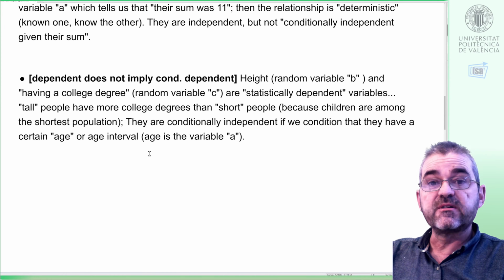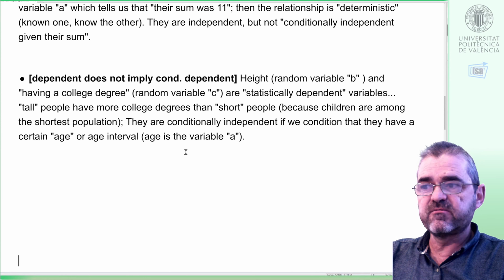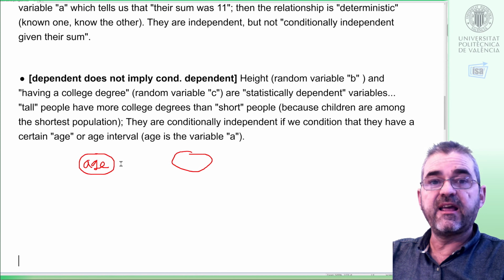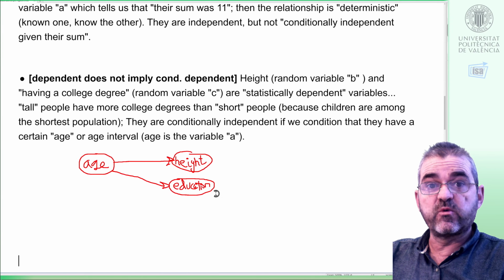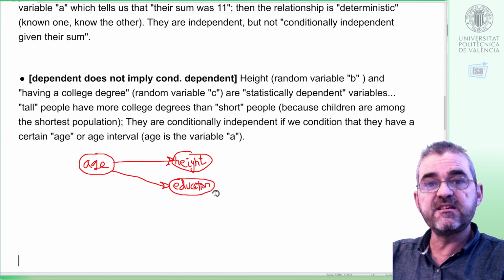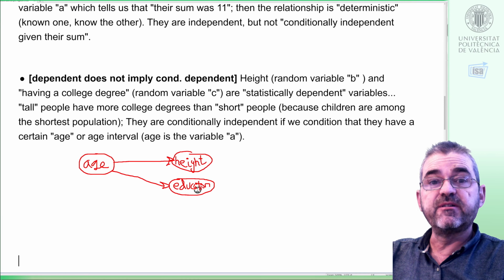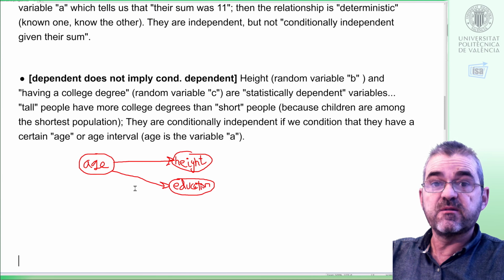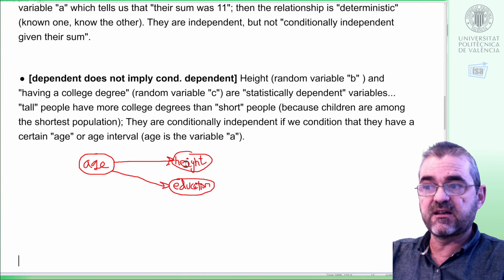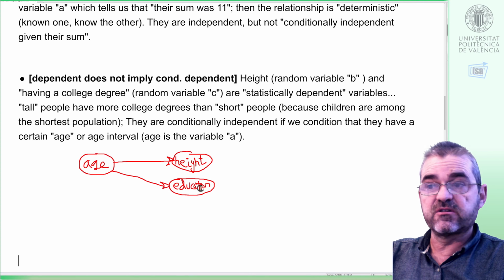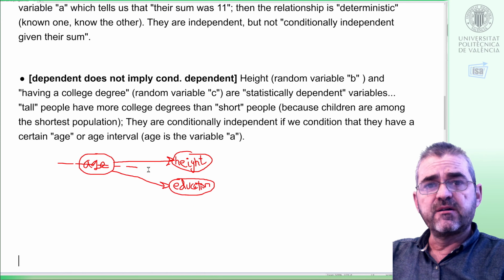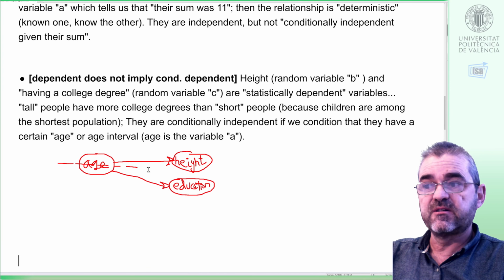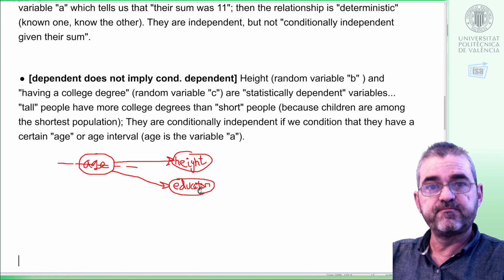So I found a Bayesian network explanation in which age influences height and the level of education that people achieved. The positive correlation between height and education was caused by the simultaneous positive correlation between age and height, and age and education. But once I conditioned on age, there was no remaining correlation between height and education.